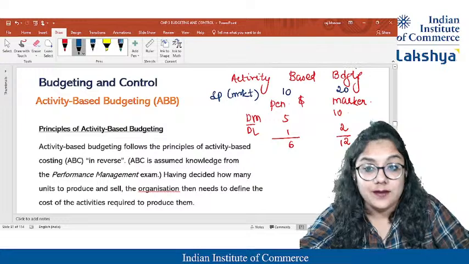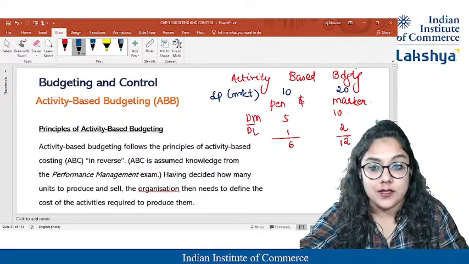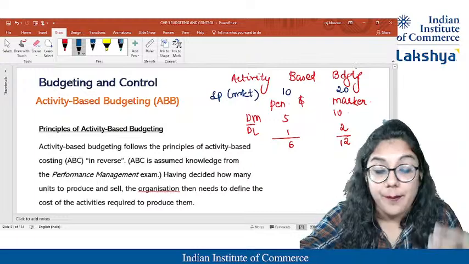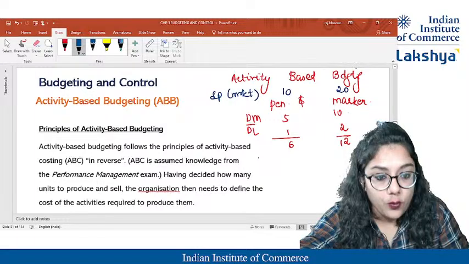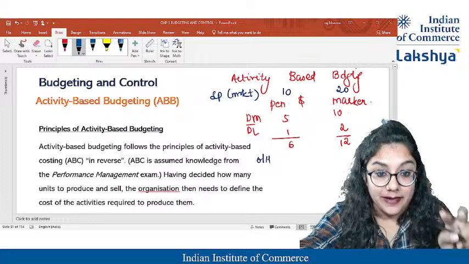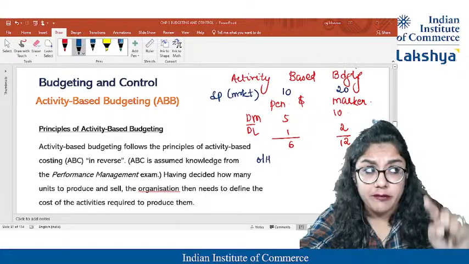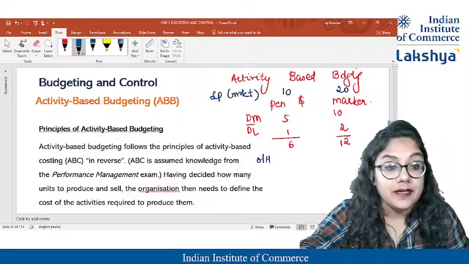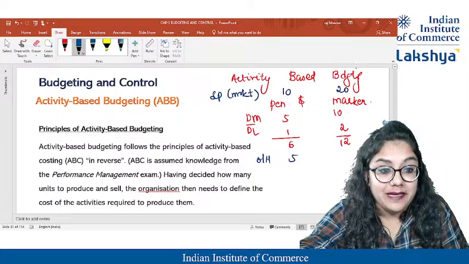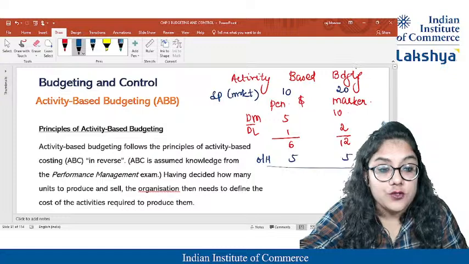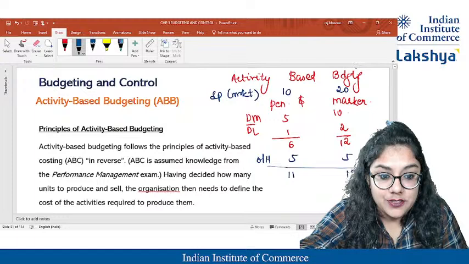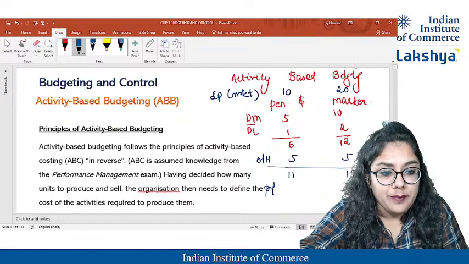Now, by mistake, I put the overheads, which should have been more for marker as compared to pen, but I equally divided them at the rate of 5 and 5. Oh my god. So my cost turned out to be 11 and 17. I had a profit margin of let's say 2 rupees and 2 rupees.